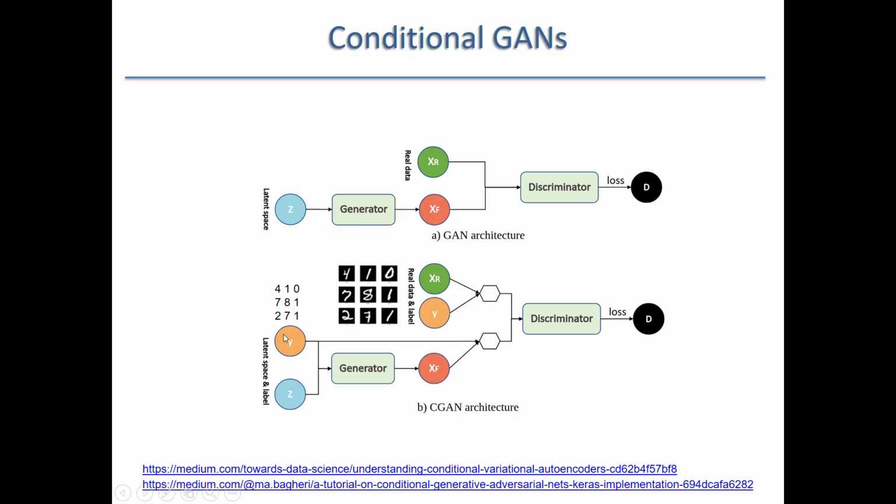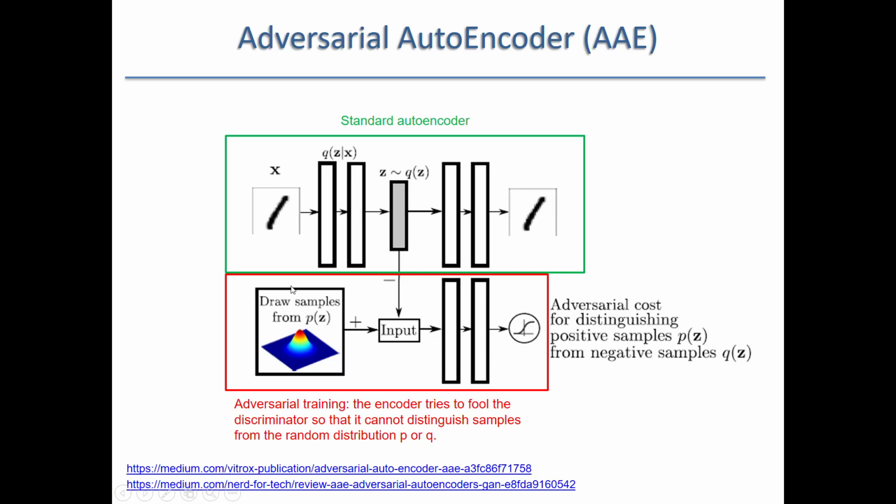Or now you're generating 4s, you take random noise, generate a 4. And now the discriminator has to distinguish, knowing what is the label of this generated data, whether it is a true one or a fake one or a synthetic one.